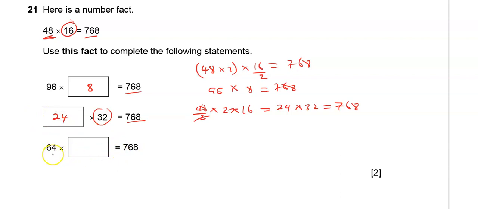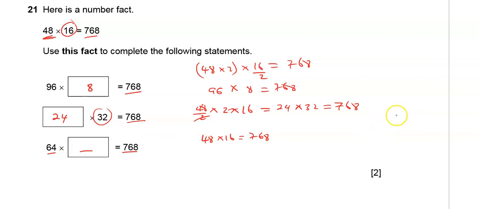Likewise, this 64 times some number should give us 768. Let's start with 48 times 16 is 768. What number do we multiply 16 by to give us 64?